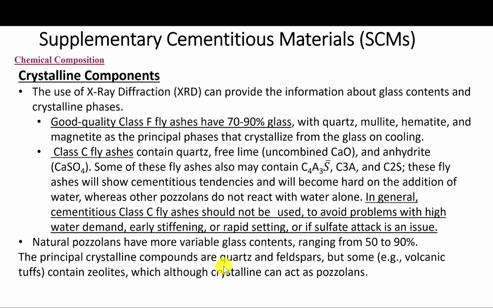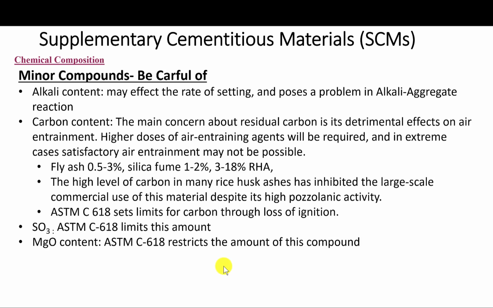Okay, so basically this slide here shows the summary of what I just discussed. Although we talked about the chemical composition and these major components, you also have to be careful of some of the minor components that might be present in some of these SCMs.